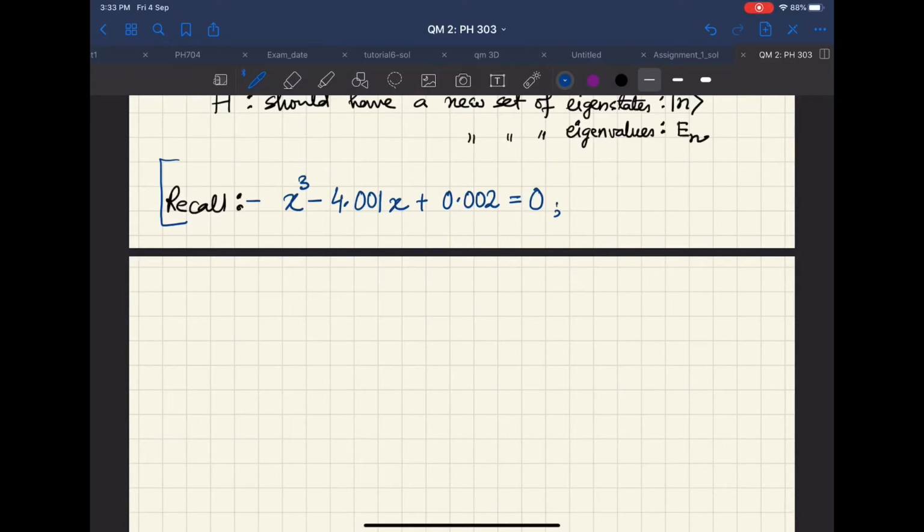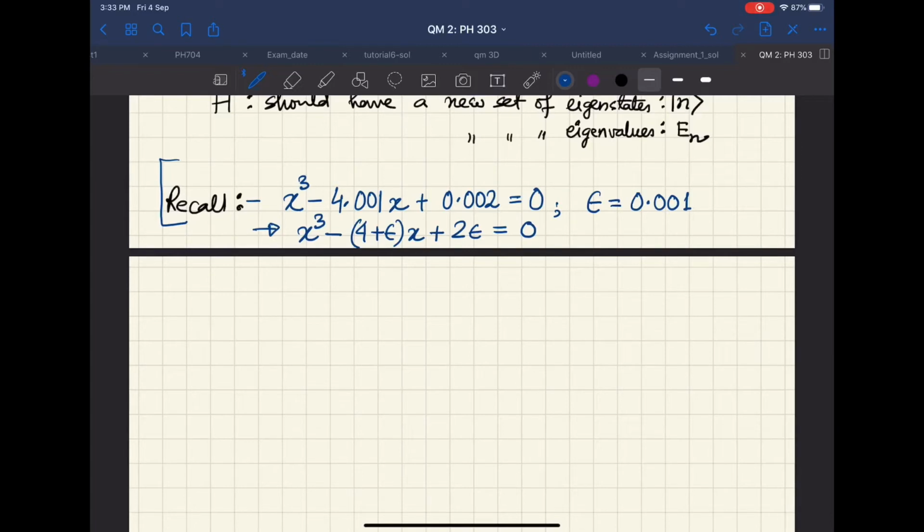There we had introduced a parameter which is very small, which we called epsilon, and we chose the value of epsilon to be 0.001. Then this whole equation was written as x cube minus (4 plus epsilon) x plus 2 epsilon equal to 0.